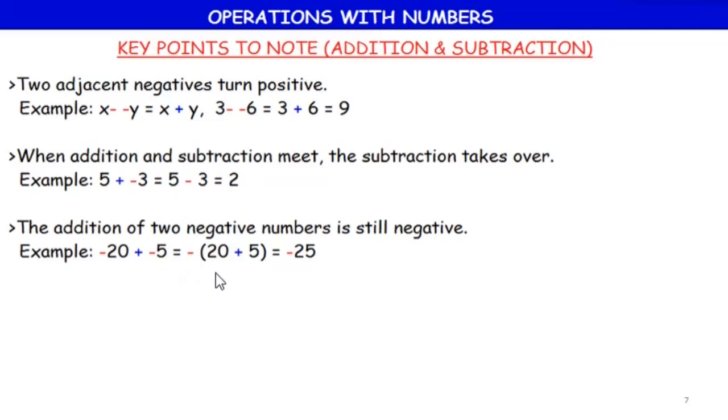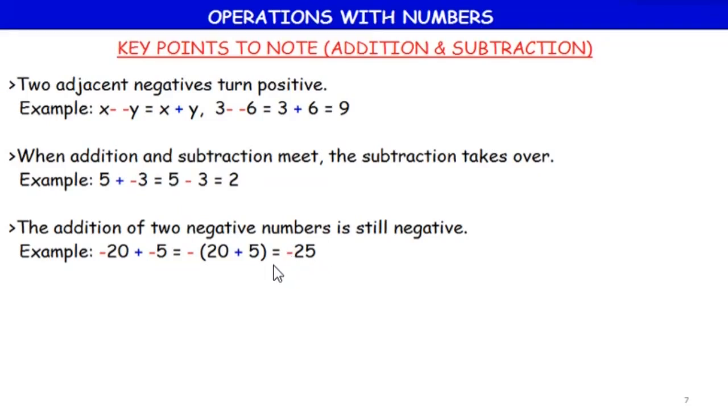For example, assuming you were owing a friend 20 cedis, and then you are owing a brother 5 cedis. Now if I ask you to find the total of how much you owe, you will simply say 20 plus 5, but because you are owing, it's going to be negative 25.